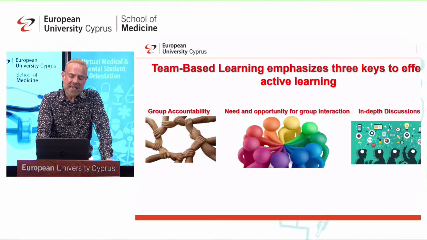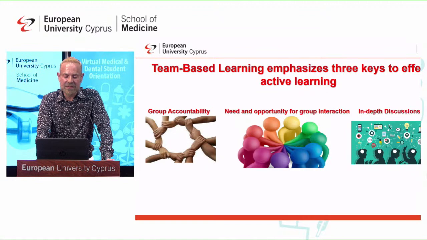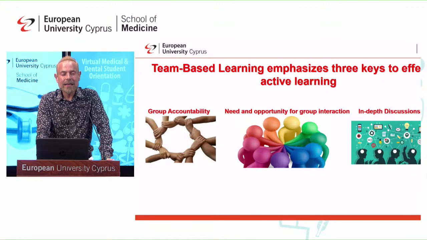And why is team-based learning enhancing effective active learning? Because it promotes group accountability. You have the opportunity to interact and as a result learn how to communicate and speak. And in reality, what we have seen happening here is that various in-depth discussions are developed within teams, and these discussions are then transferred to the rest of the class.